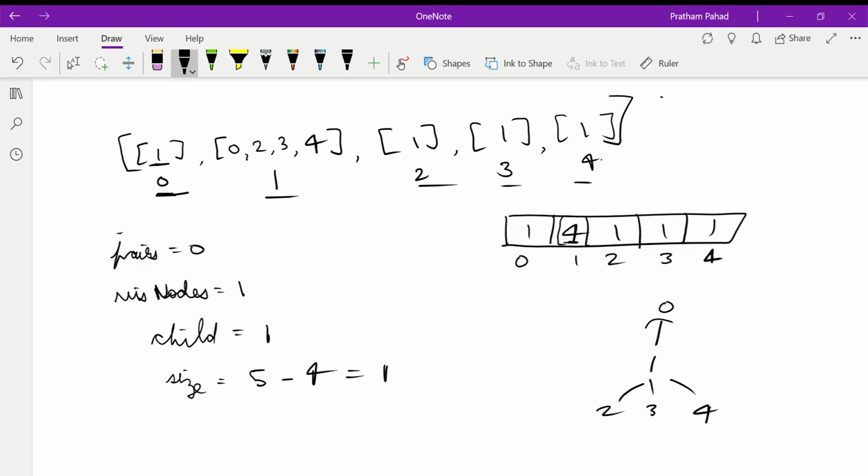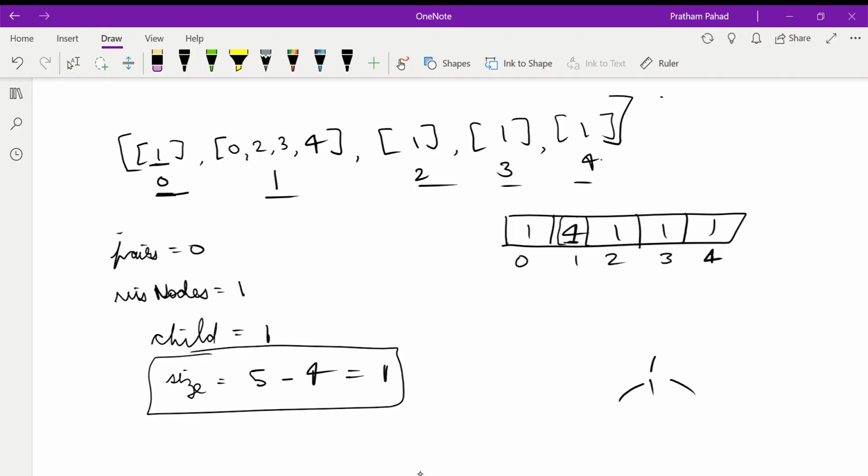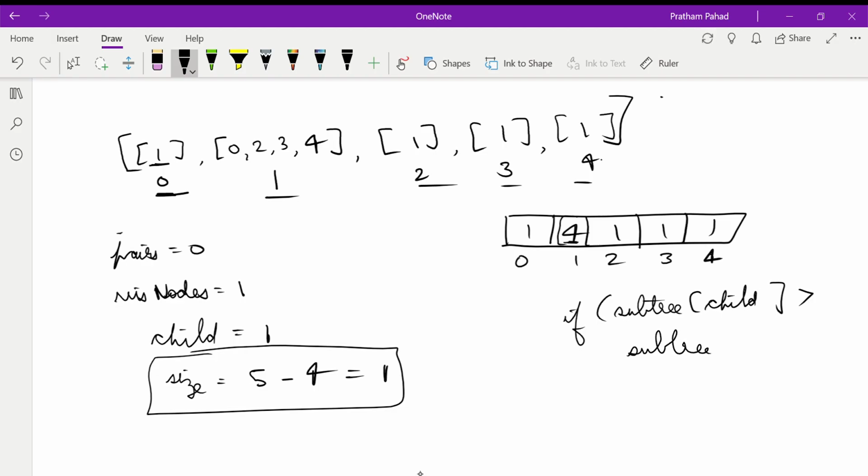If I disconnect this path, one path will be disconnected if my subtree of child is greater than my subtree of the current node. If it is greater, then directly do size equals n minus subtree of child, which tells us how many pairs will be disconnected at that time.